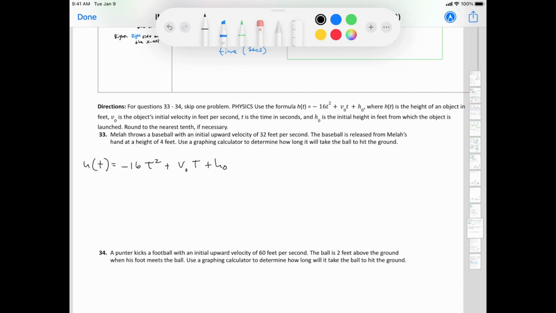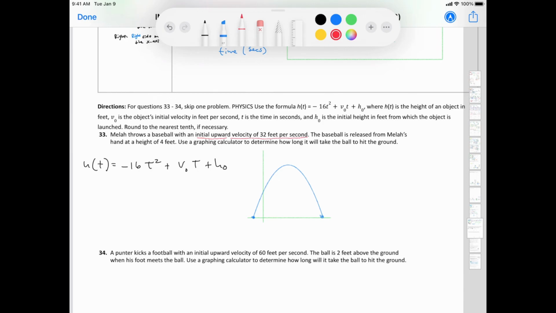Mela throws a baseball. So let's draw a picture. That's something super helpful. Just copy what we did before, right? First thing, she throws a baseball with an initial upward velocity of 32 feet per second.